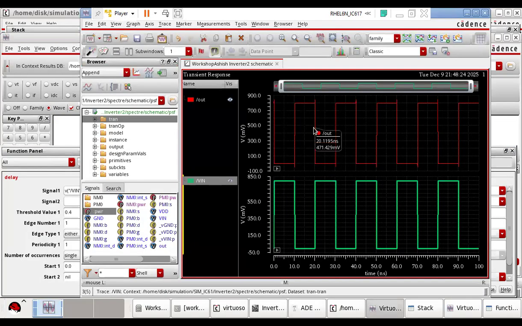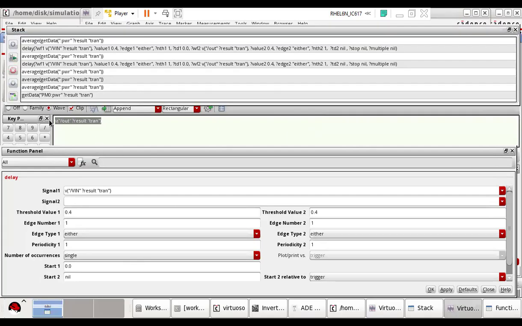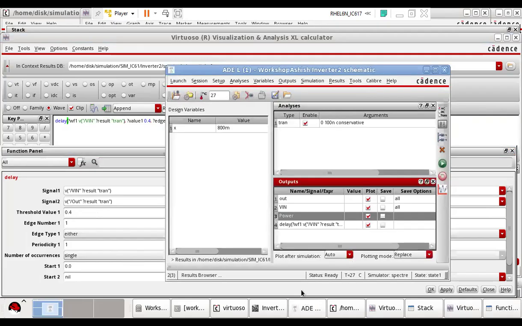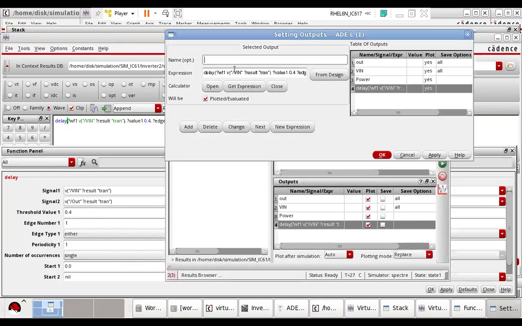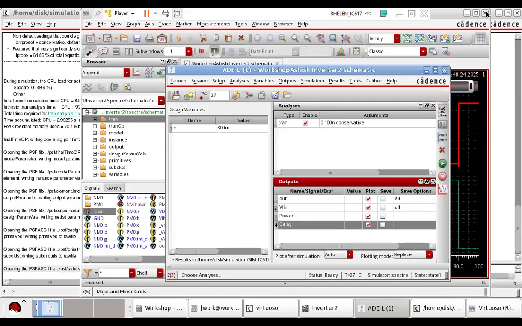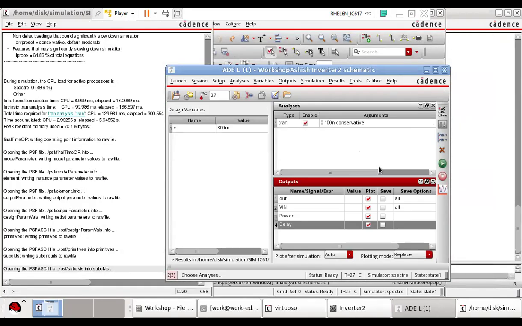Similarly, I'll go for the output. Then I'll apply and then I'll put it to ADL. Right? Delay. Okay. Very soon I'll show you why I require both of these things.